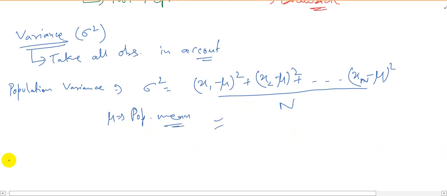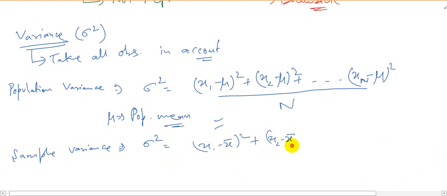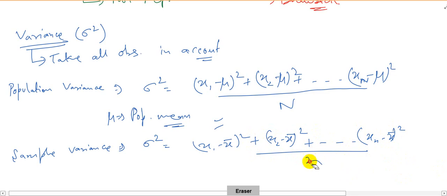And the other point is sample variance. Sample variance s squared is equal to (x1 minus x dash) squared plus (x2 minus x dash) squared, and so on up to (xn minus x dash) squared, upon small n minus 1.